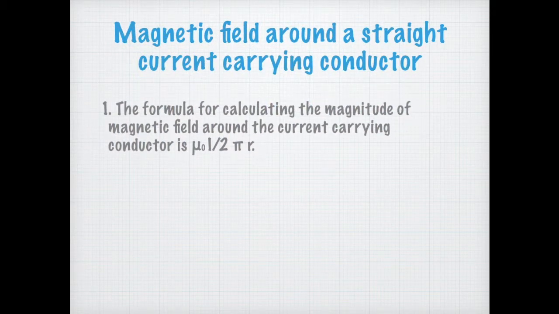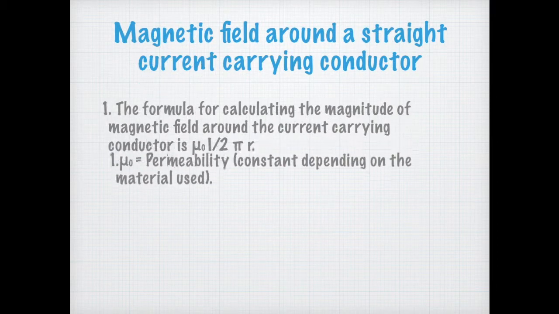So the formula for calculating the magnitude of the magnetic field around a current carrying conductor is mu I upon 2 pi r. The little Greek letter over there, I think it's called mu, stands for permeability. Permeability is a value that changes per material.